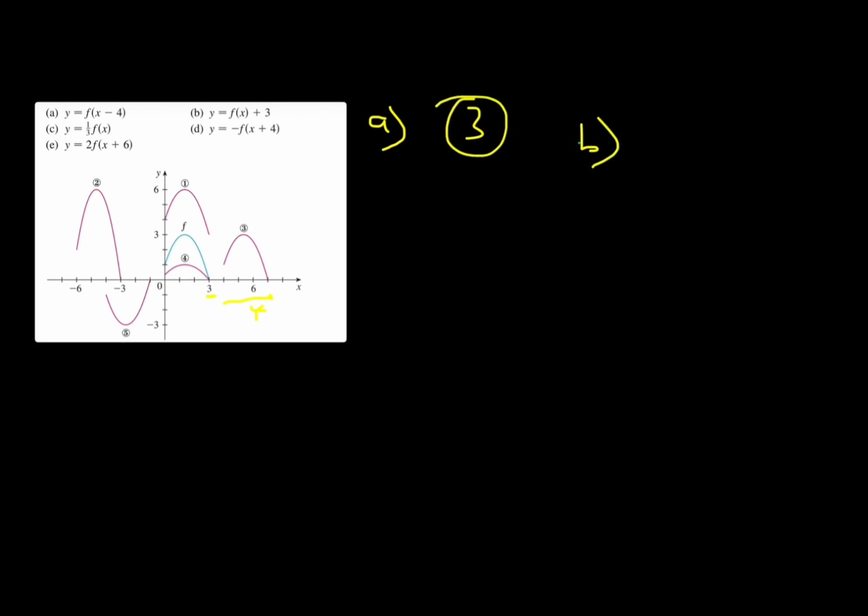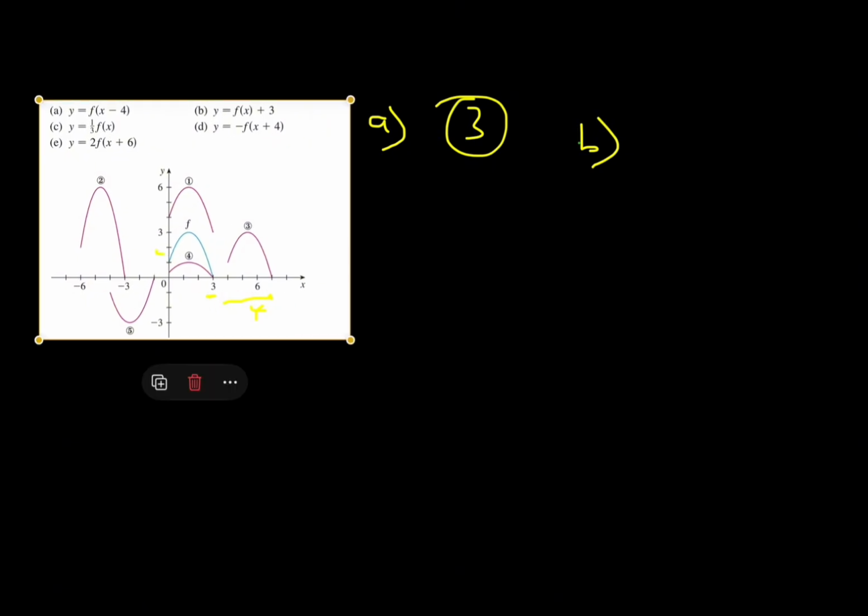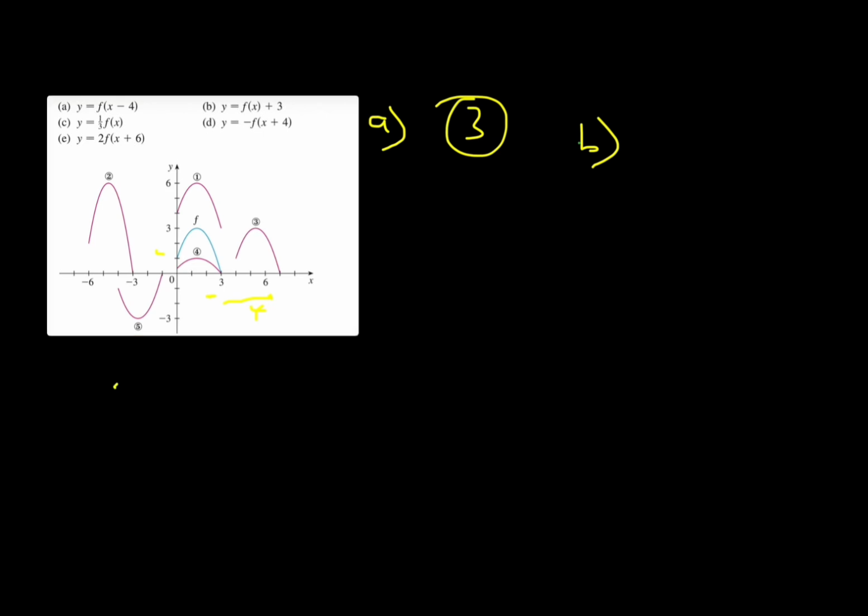Let's move on to B. B is f of x plus 3. It means the f of x has shifted 3 units upwards. We look at the graph that has shifted upwards, we can see that that is equation 1. It has shifted 1, 2, 3 units upwards. So B happens to be equation 1.